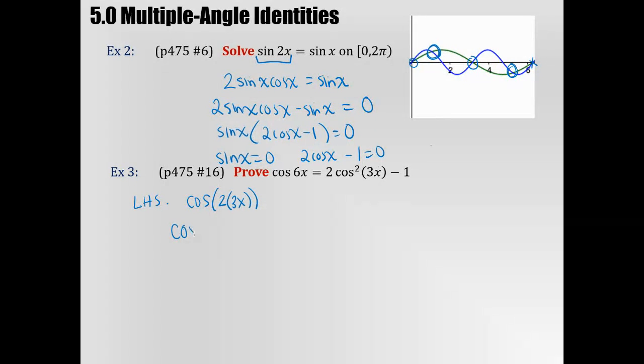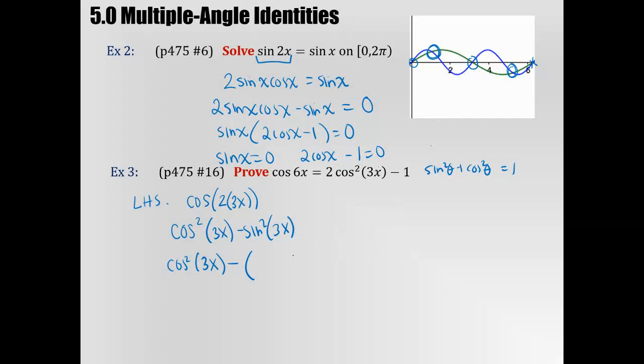And so you know that it's cosine squared 3x minus sine squared 3x, right? It's like this is my theta. I might be able to get right to that at that point, but that's okay. And then I know the Pythagorean identity. So I've got cosine squared 3x minus, well, I know sine squared plus cosine squared equals 1.